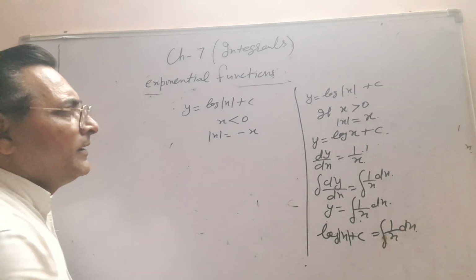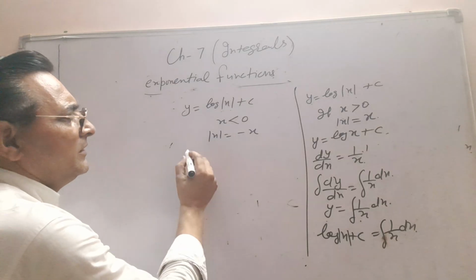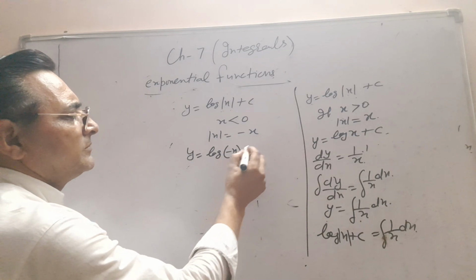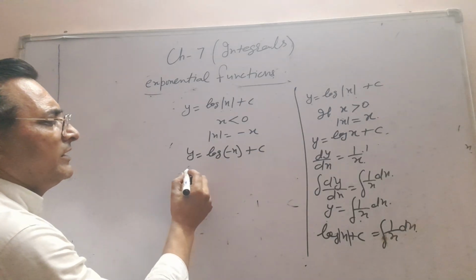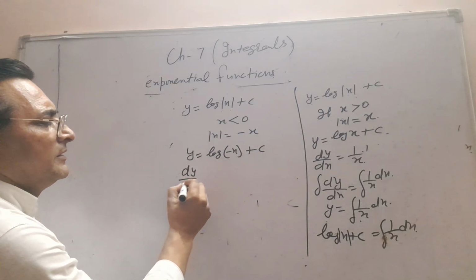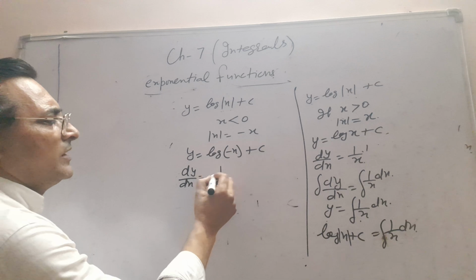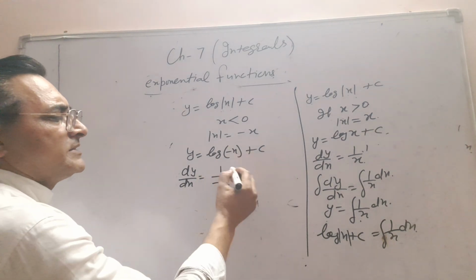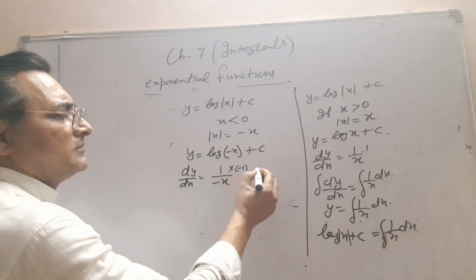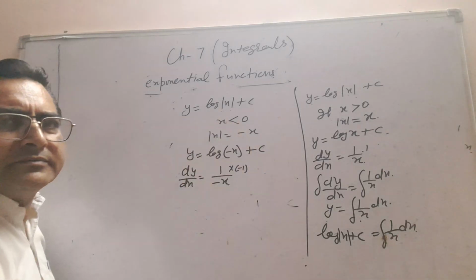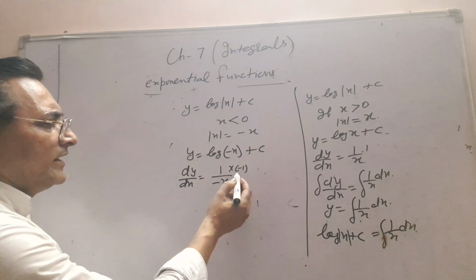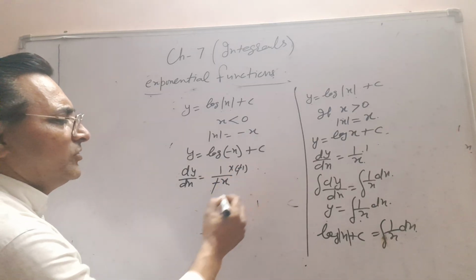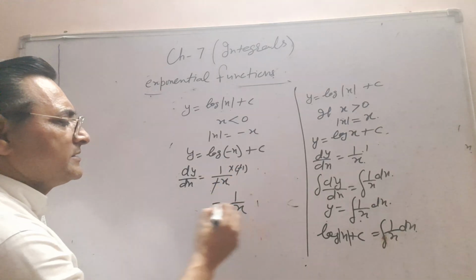Clear? Now this function will be log of minus x plus c. Now again when I take its derivative, what will it be? 1 upon minus x, and the derivative of minus x is minus 1, and the derivative of c is 0. So what will happen? Negative and negative will cancel out. Again you will get 1 by x.